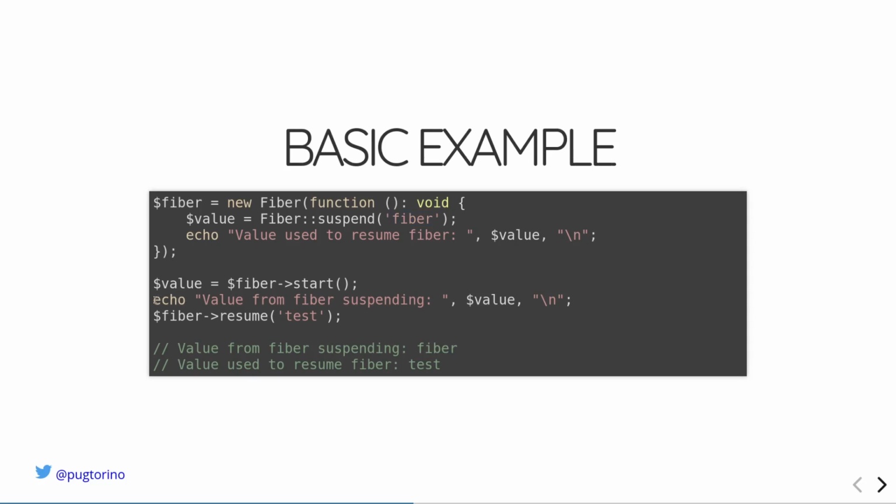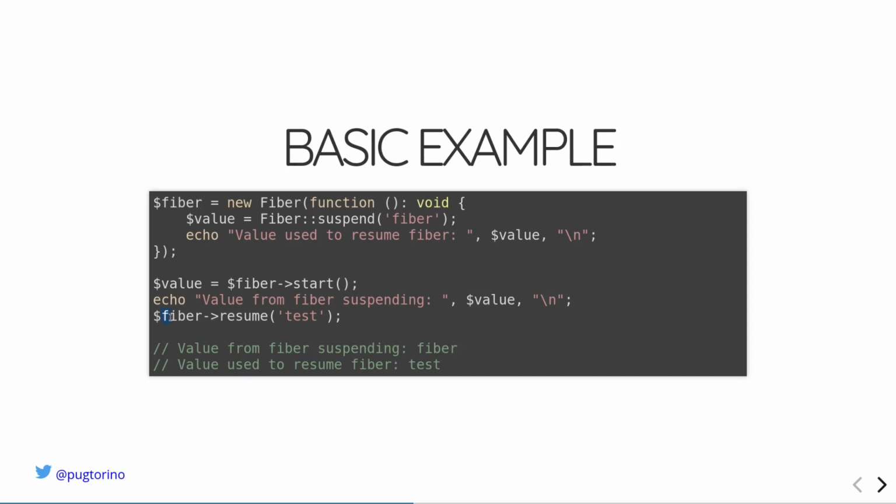After this echo, we can resume the execution of the fiber passing another parameter. So suspend and resume are functions that allow you to specify a parameter. It's a way to pass information from the fiber to the main code and from the main code to the fiber. This is very interesting.